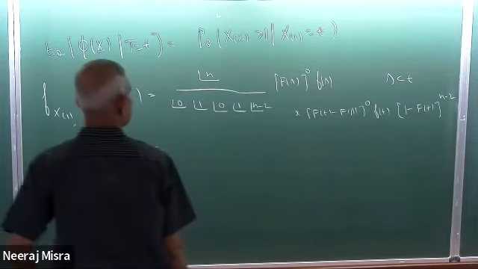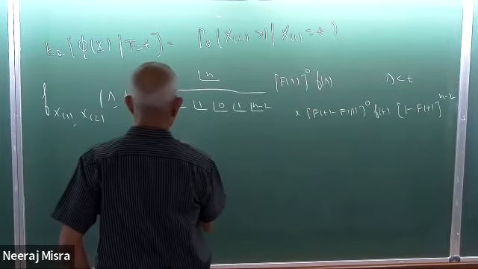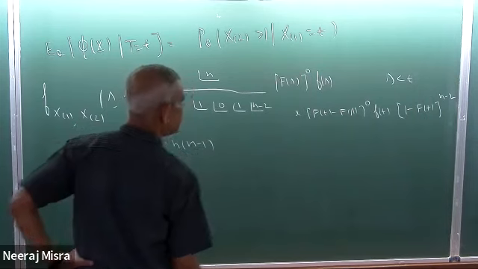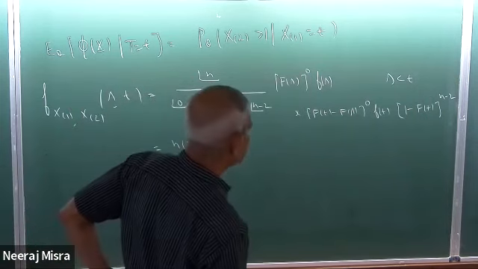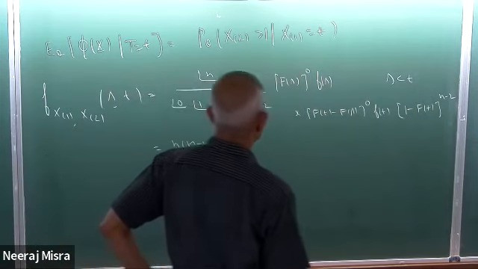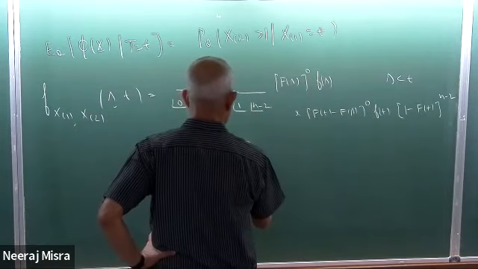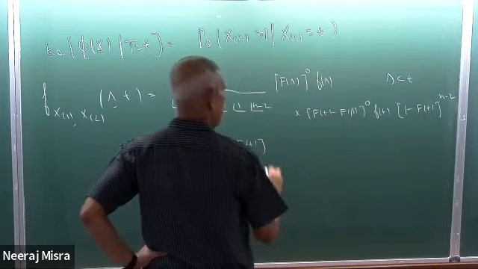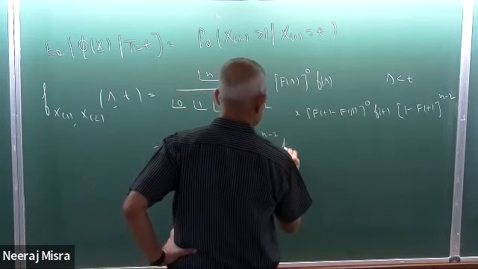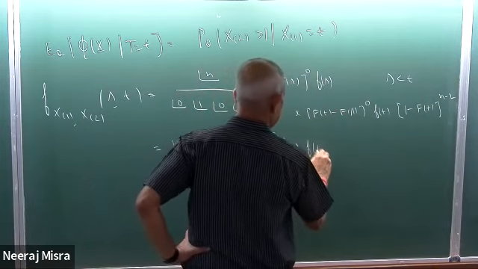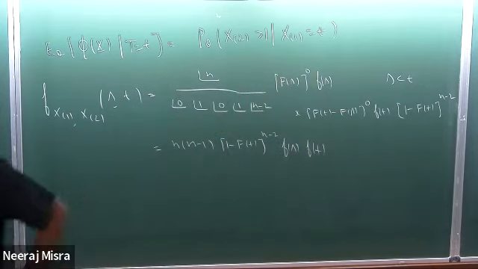Okay, so this is nothing but n into n minus 1. All right, F(s) to power 0, f(s), 1 minus F(t) to power n minus 2, f(t). Is that okay?